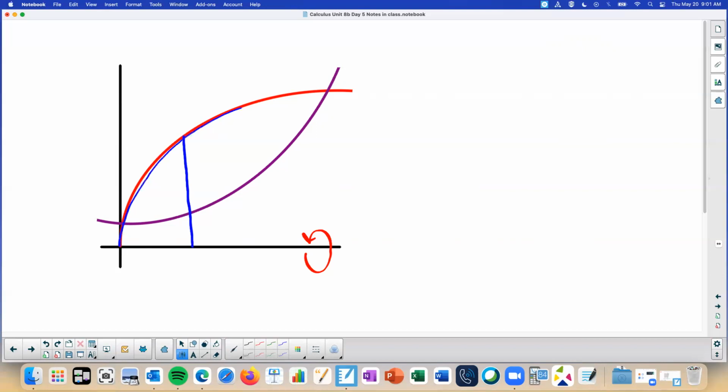And so that would be like this blue piece, and then we're going to subtract out the purple piece. So this is known as big R. And then the distance from the axis of revolution to the object, the hollow space, is known as little r.